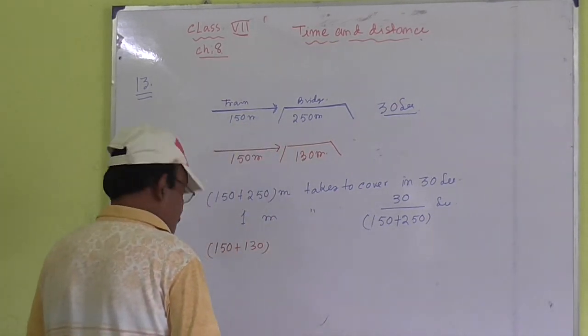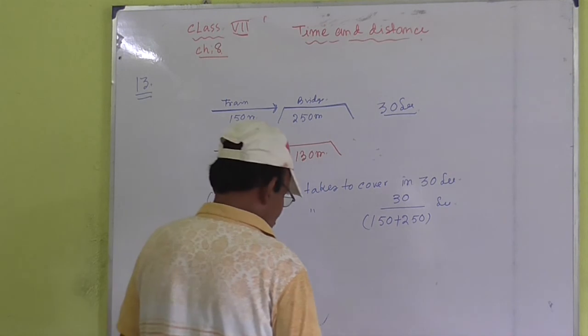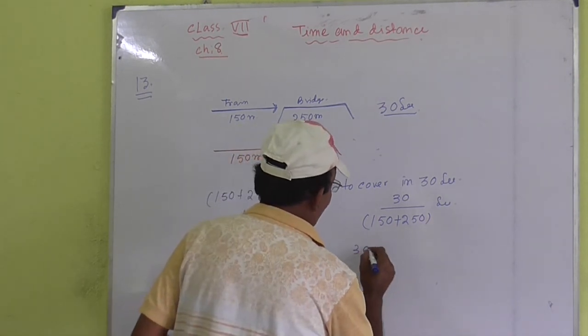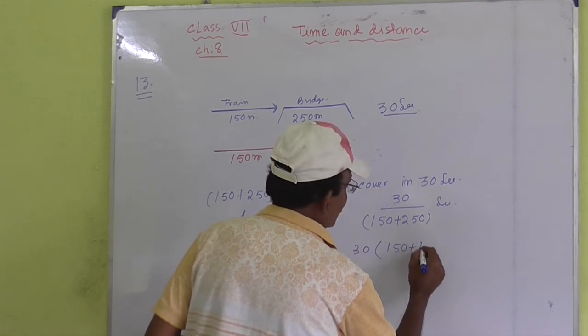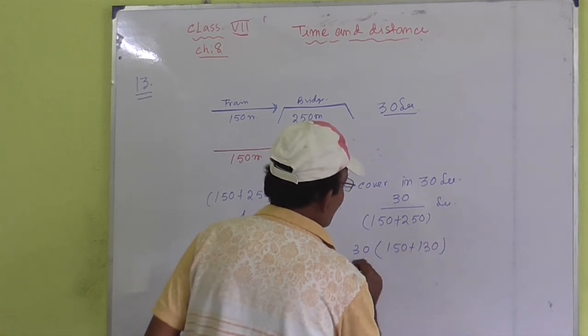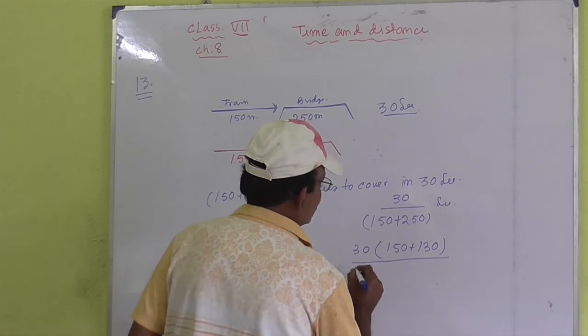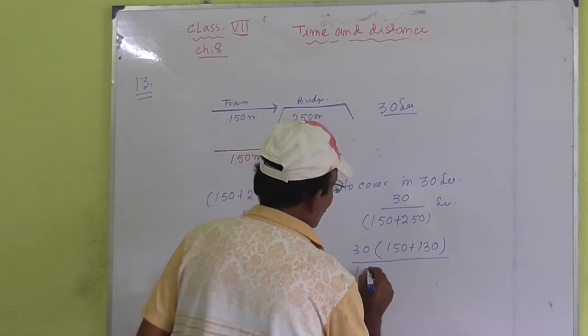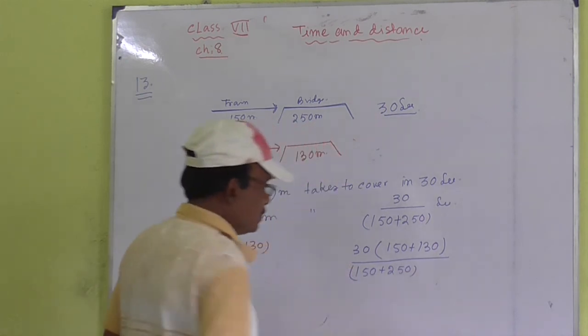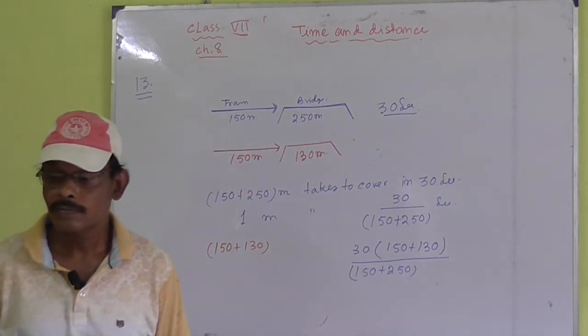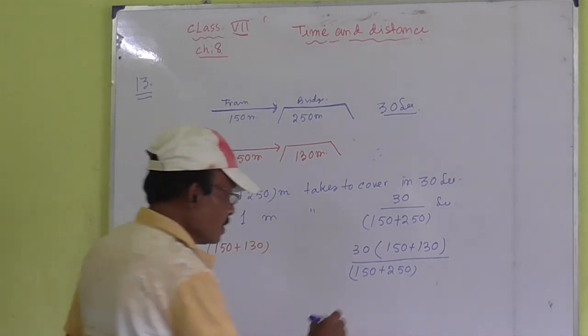Will be 30 into 150 plus 130 by 150 plus 250. Clear?